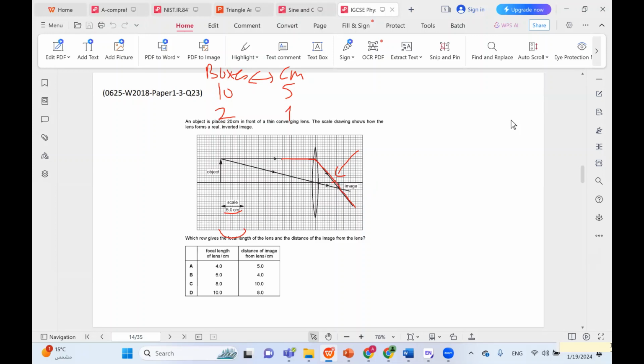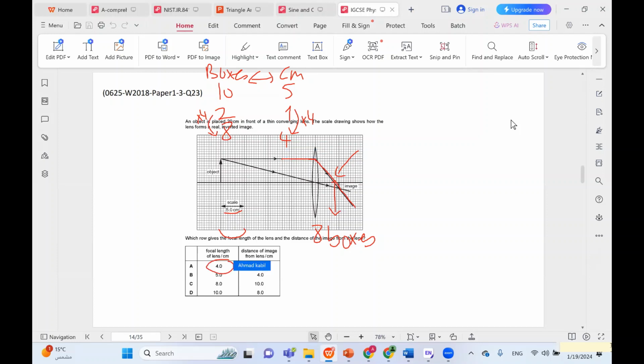And this point here is roughly 8 boxes away. So 8 boxes, if we use the ratio we wrote above, you just multiply by 4 here, and you have to multiply by 4 as well. And you get 4 centimeters. So the distance between the focus and the center is 4.